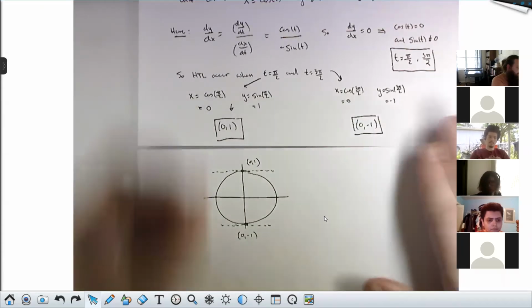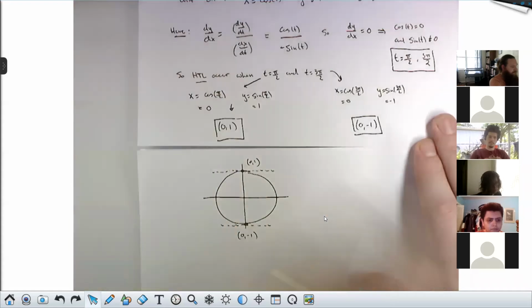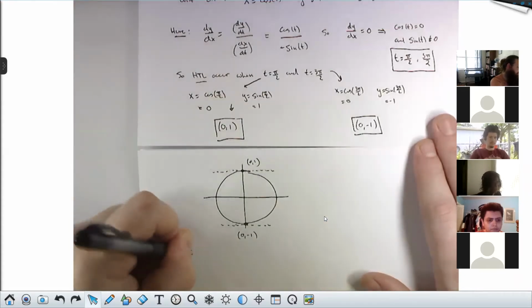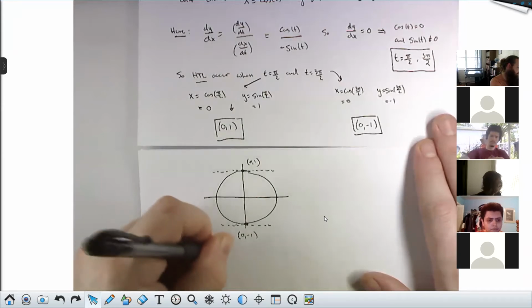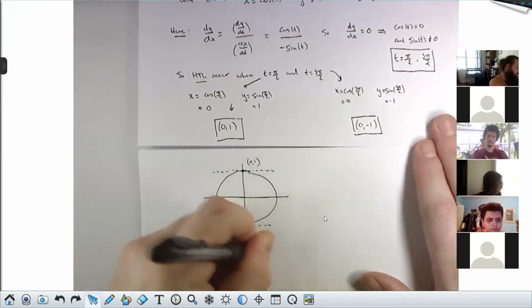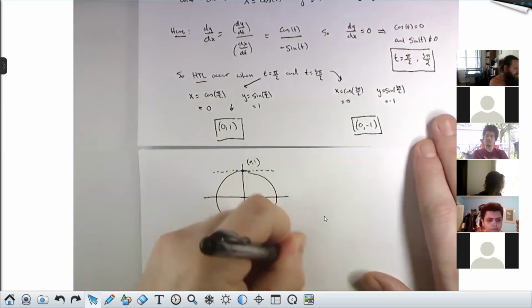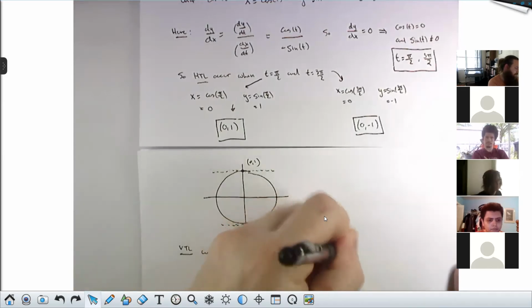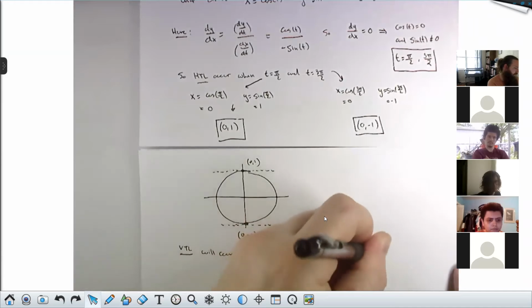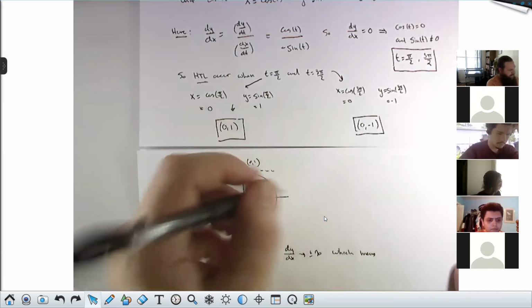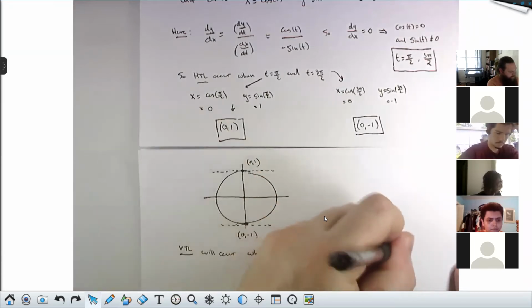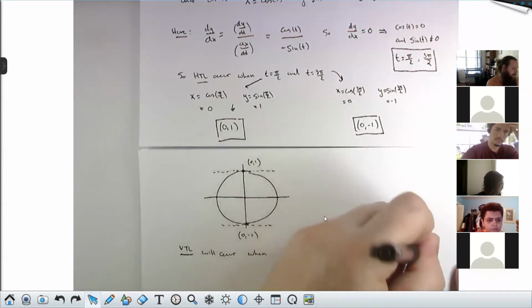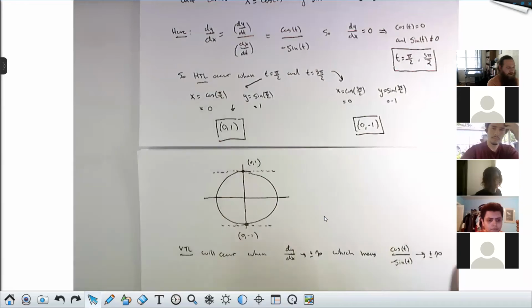Finding vertical tangents works the same way. You just have to figure out where the bottom is going to 0 and check that the top isn't. So VTL, vertical tangent lines, will occur when dy/dx blows up to plus or minus infinity, which means cos t over negative sine t is blowing up to plus or minus infinity.